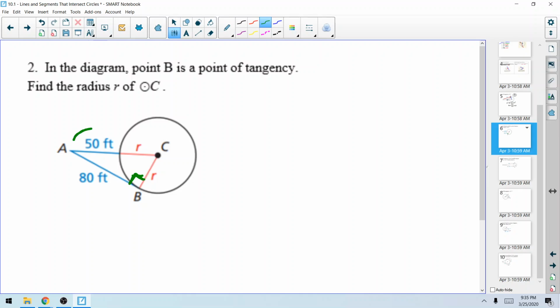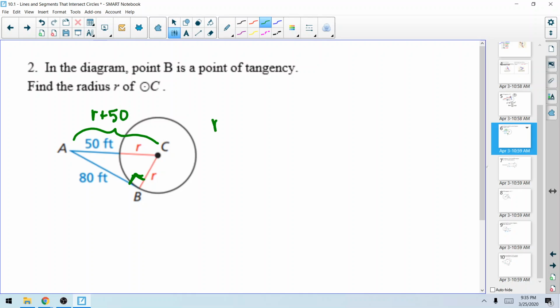So right here, that's my hypotenuse. That's my longest side. Well, think about that for a minute. What is that? The blue part is 50, and then the radius of the circle, but we want the whole thing. So it's your radius plus 50.